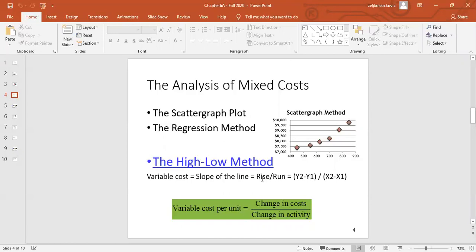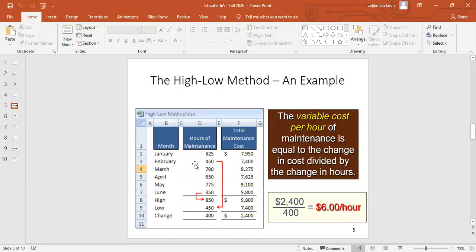Well, if you're using this definition here, slope of the line, right? But this is why I explained it in a more common sense way. You're looking for 2 points that are high and low, and then you're looking for dollar amounts per unit.